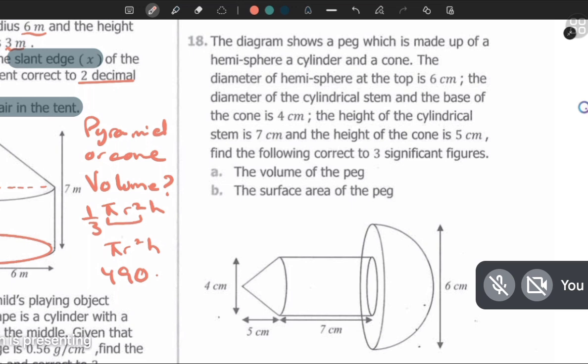Like in the last question, it was the same size as the cylinder. However, now what you have is an outer circle. Okay, understood?